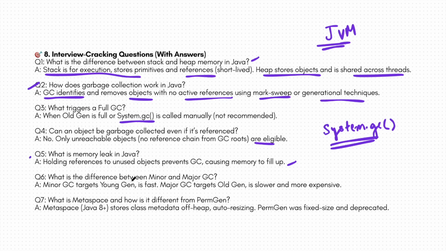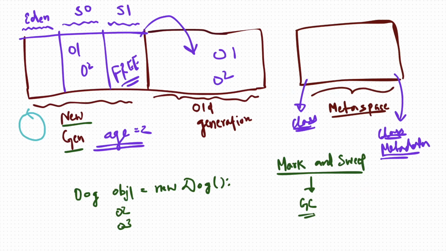What is the difference between minor and major GC? So we have already learned this. It's just the naming convention. Minor GC targets the young generation, and major GC targets the old generation. Okay, so if you come here, this old generation is also called major GC. Okay, major garbage collector.